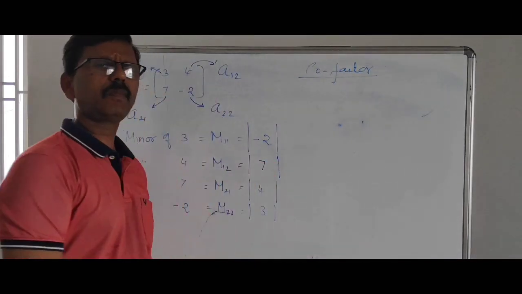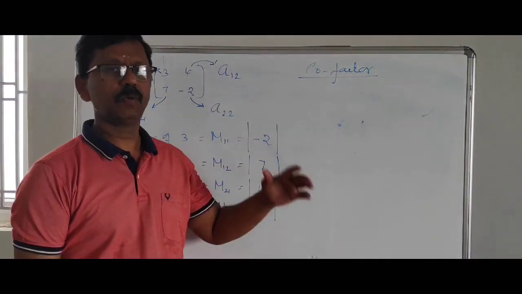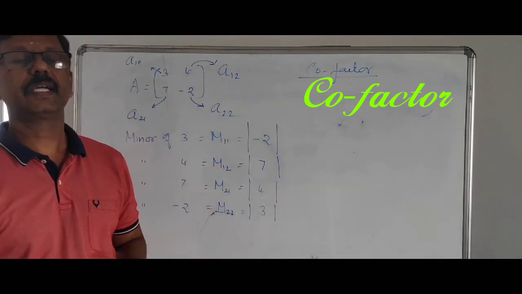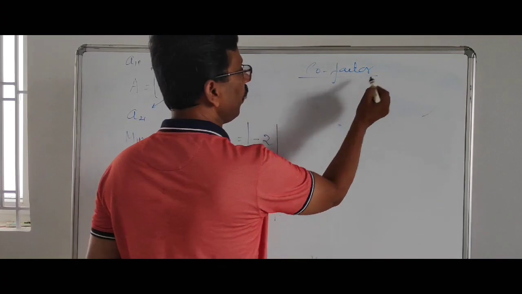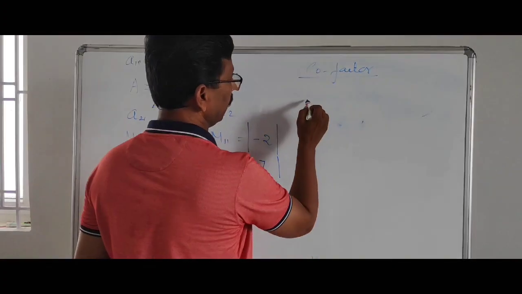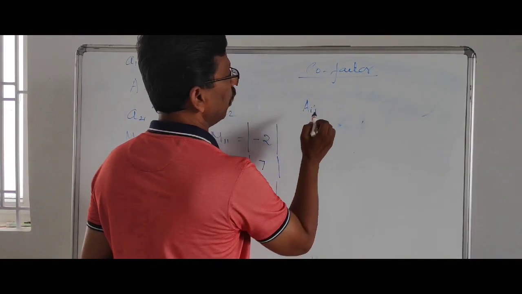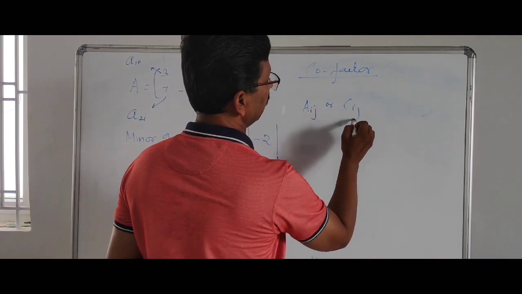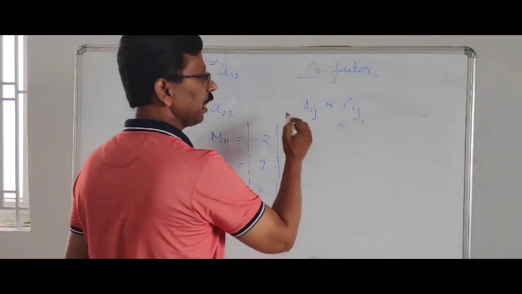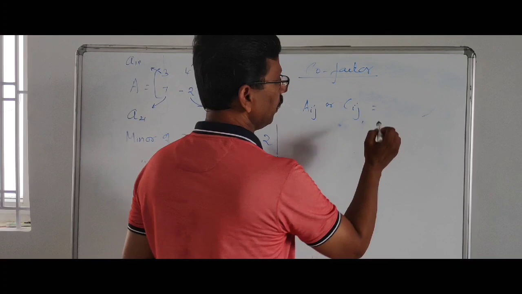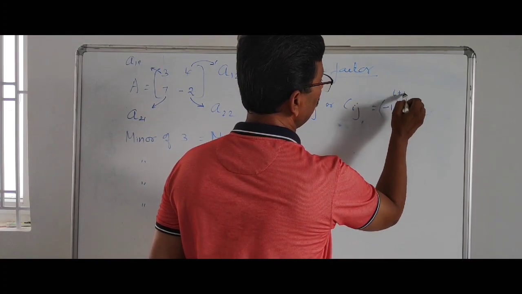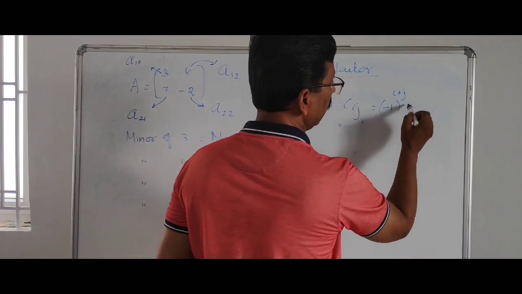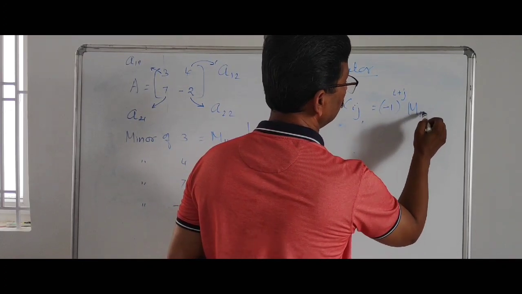Cofactor. Then how do you find a cofactor? What is a cofactor? Cofactor is nothing but a signed minor. Now the cofactors are denoted by capital Aij or Cij. Now this can be obtained by assigning either minus sign or plus sign according to the value of i plus j to the minor Mij.